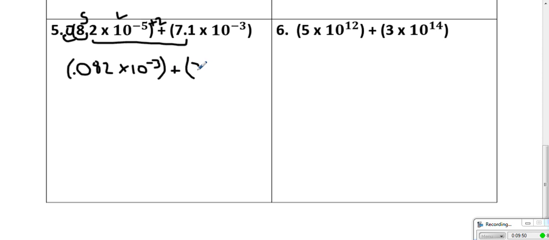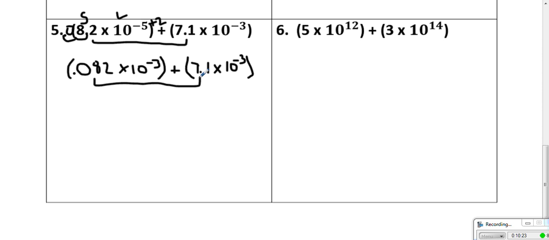The other scientific notation in this problem is 7.1 times 10 to the negative 3. You don't do anything to that because, again, you already made the negative 5 on the left-hand side a negative 3. And since these are both negative 3s, now you could add these numbers. So again, you take your calculator, you do 7.1 plus 0.082.